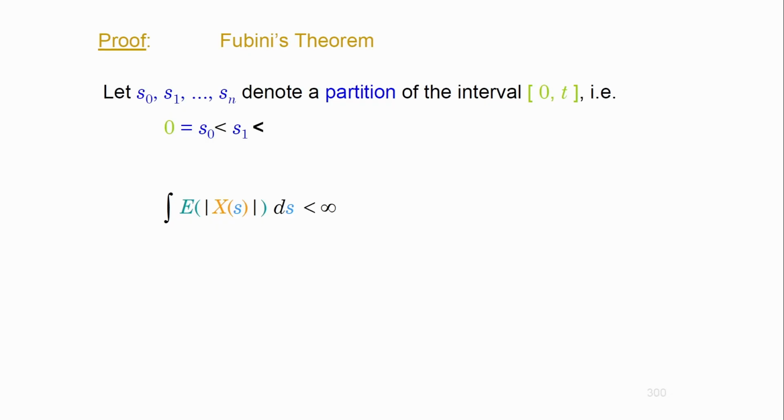When it comes to stochastic integrals, I'm always going to look at partitions on 0 and t. In general, 0 is the starting point of the partition by definition, which is strictly less than S1 and so on.